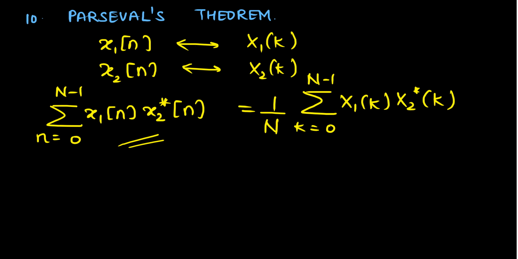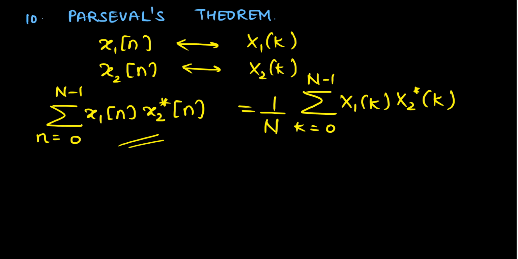And then we saw Parseval's theorem: if we have two signals with N-point DFT as X1 of k and X2 of k, and if we consider summation n running from 0 to N minus 1 x1 of n into x2 conjugate of n, then we get 1 by N summation k running from 0 to N minus 1 X1 of k into X2 conjugate of k. So these two terms are exactly equal and we have already proved that.